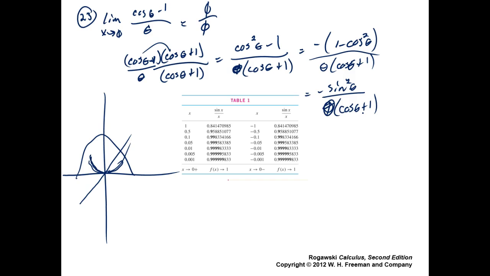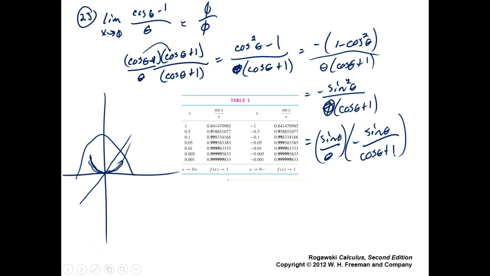And this will be sine theta over theta times a minus sine theta over cosine theta plus 1.